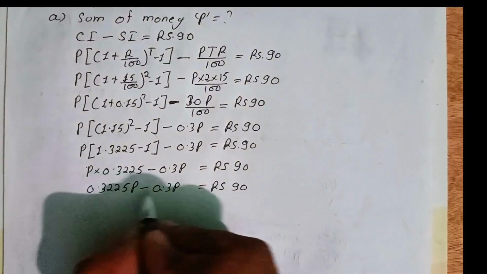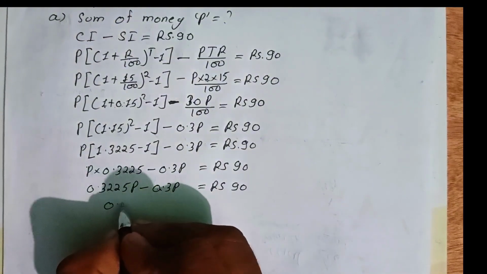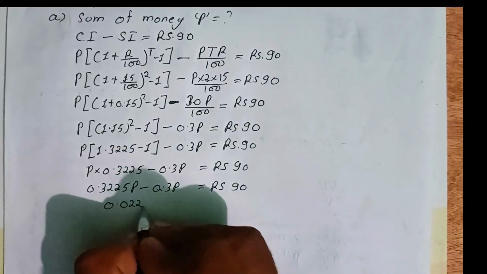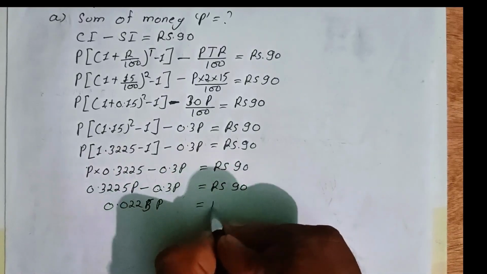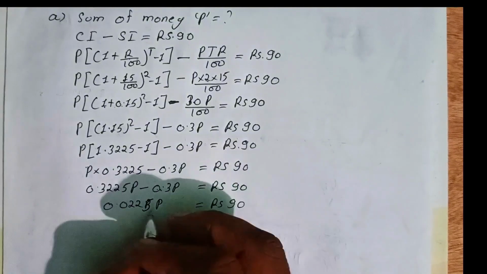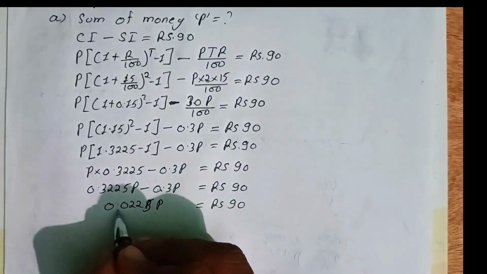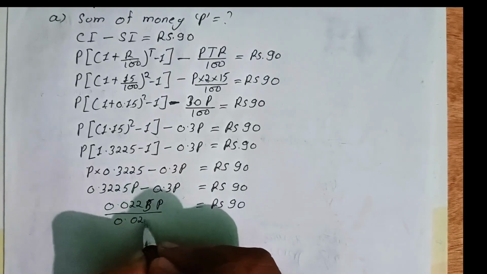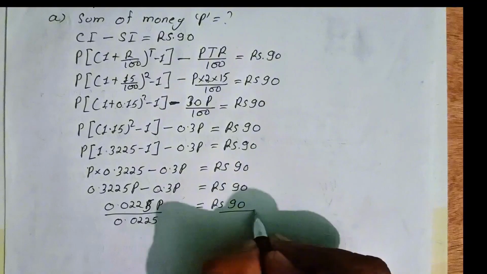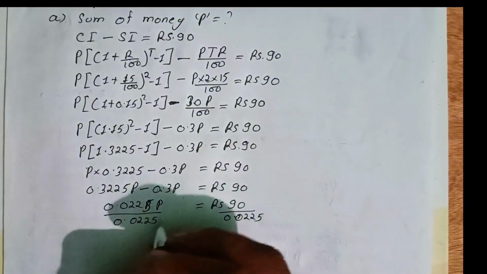Now we subtract these two, both are like terms, so here is 0.0225 times P, that is equal to Rs 90, and we divide both sides by 0.0225.